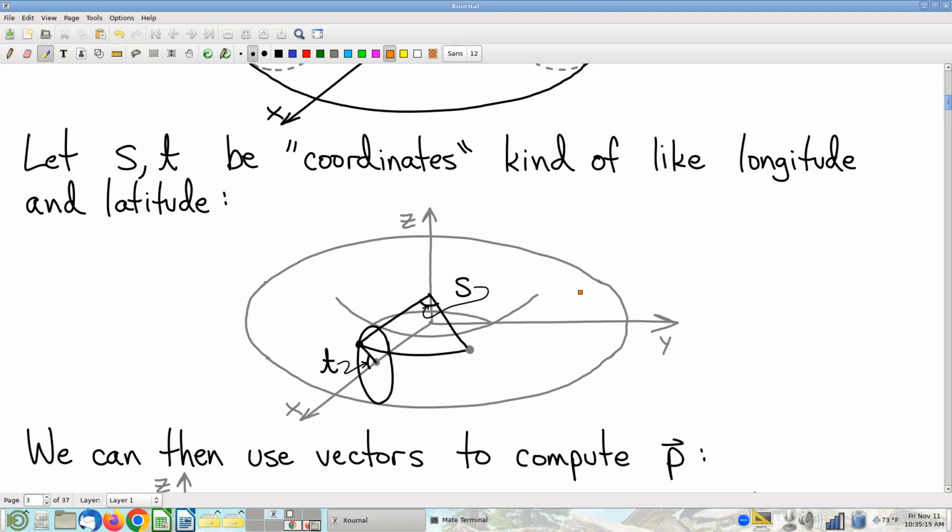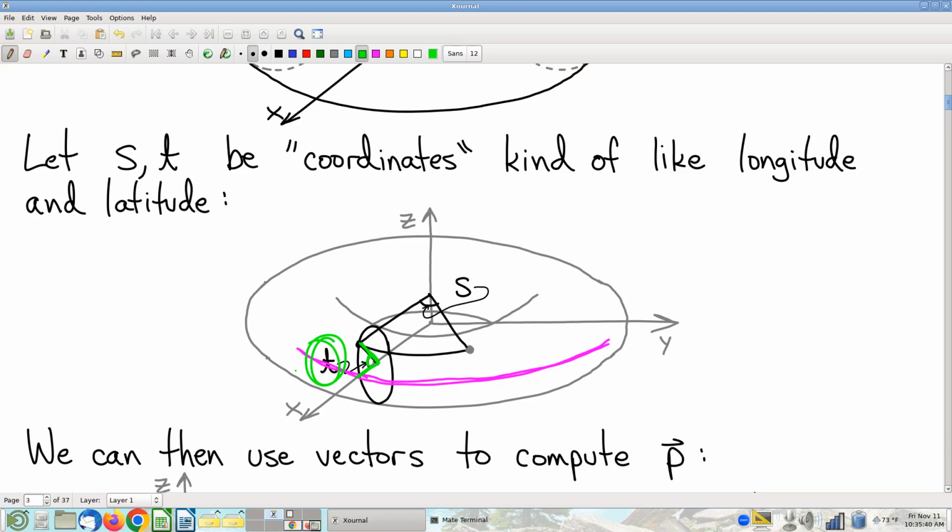I think a reasonable choice would be to talk about, okay, well, we're going to have a kind of an equator of sorts here, if you will. And we could talk about what is this angle T from the center of the donut, right?